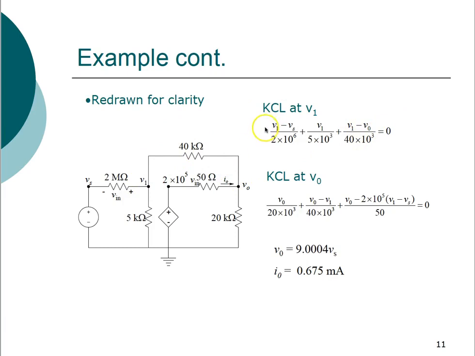So once you have this equation, you can further simplify it, and you will get some equation in terms of V1, Vs and V0. Vs you already know, which is 1 volt. You can put that value. And then KCL at V0, which means at this node, we are going to find.